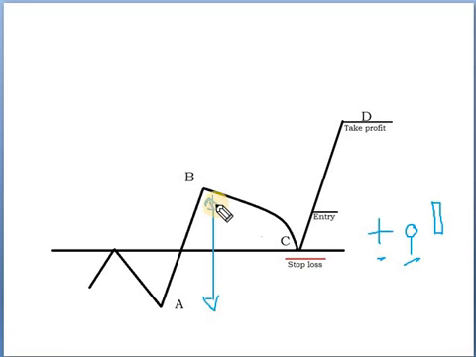I mean, if you have 50 pips here, you just count 50 pips from here to point D. So this is it, and it gives you a risk and reward ratio of 1 to 3 in most cases. So this is pretty much it about setting our stop loss, taking our entry, and putting our take profit.